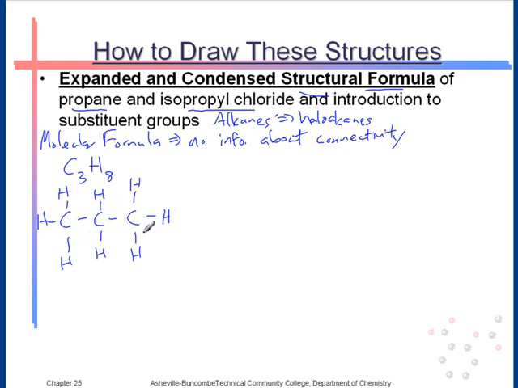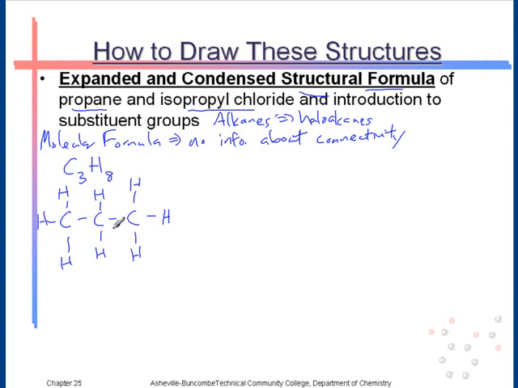All of the other bonds are taken up with hydrogens. They're all single bonds in this particular molecule. And you can see that if you count up the carbons, there's 3. If you count up the hydrogens, there are 8 in this particular expanded structural formula. So that's one way that the organic chemists use to denote the connectivity of the atoms. This tells us explicitly how they're connected.